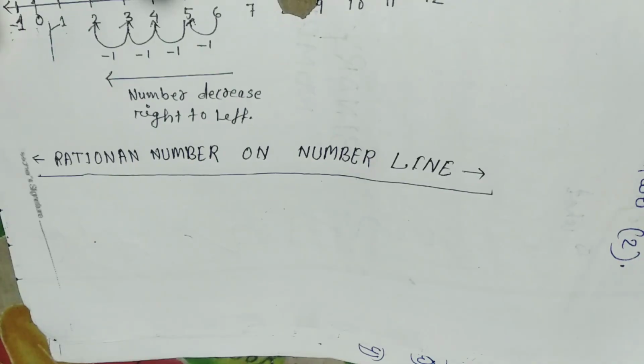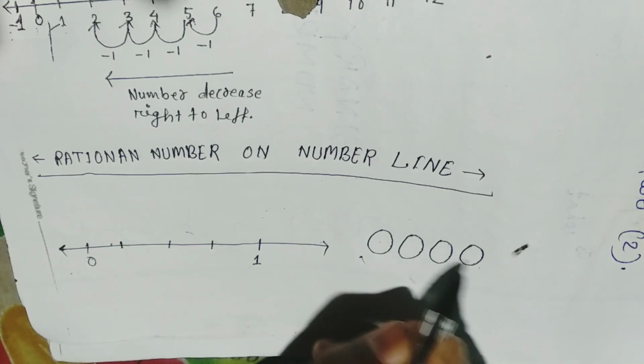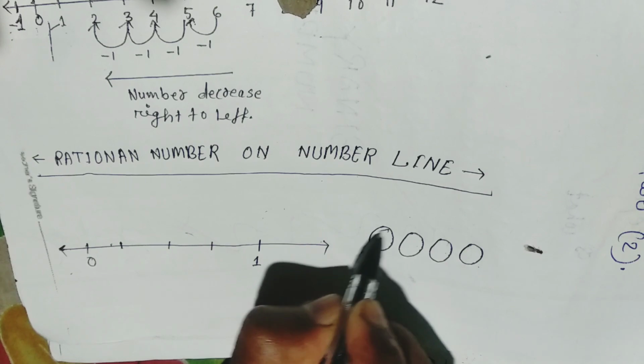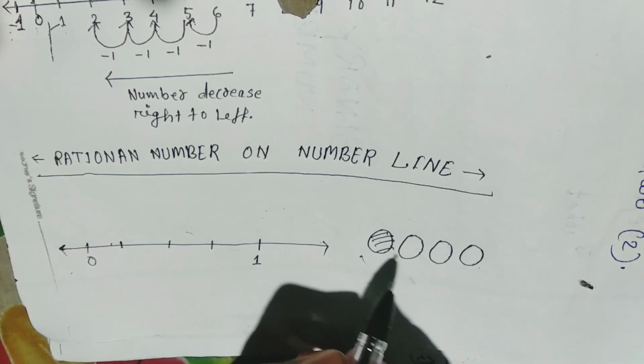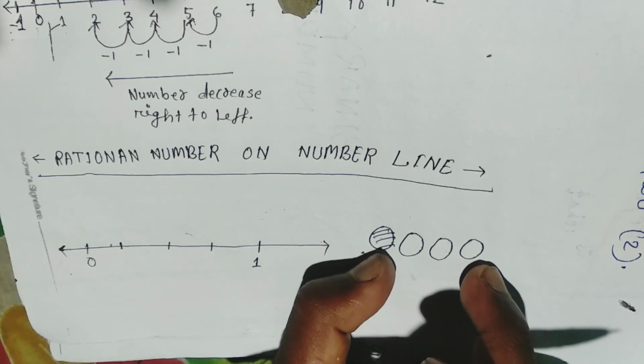Now come to know the main topic, rational number on number line. Notice here have 4 marbles, and suppose Ram has taken 1 marble from here, means Ram has taken 1 part from the 4 parts.